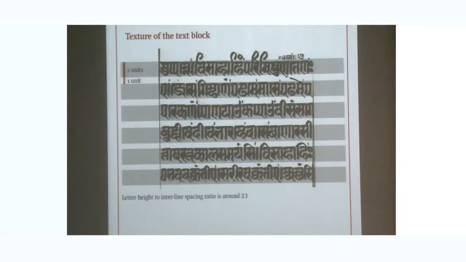Let's see how the texture of the manuscript looks. If you observe, all the lines are stacked together. The spacing between 2 lines is, if you consider it 1 unit, and the line is exactly double the space.